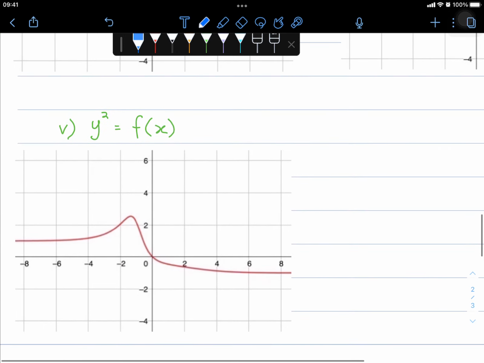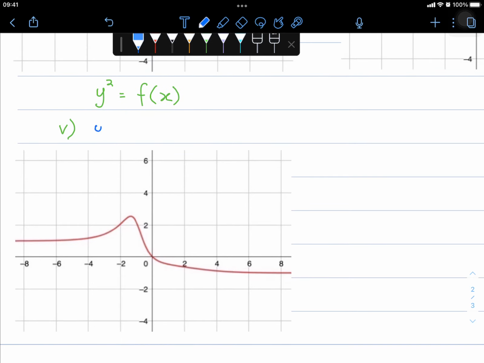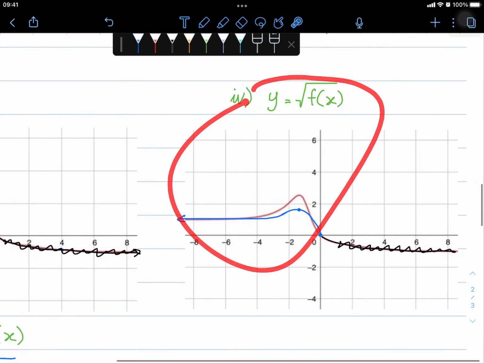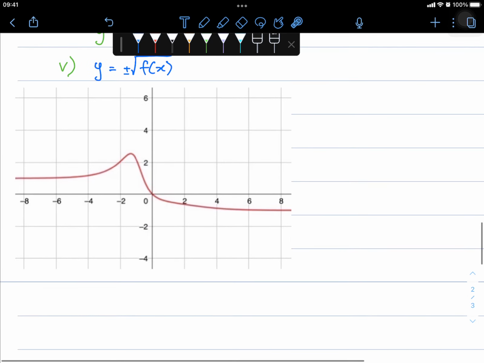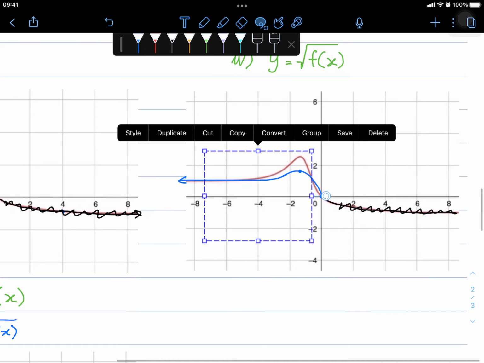Now, y squared is equal to f of x. We can simplify this as y is equal to plus minus square root f of x, which is the positive and negative version of it. So in essence, it's this exact same thing. So let me get rid of the bit that doesn't exist. There we are. It's the exact same thing, except now, let me just actually copy paste this.